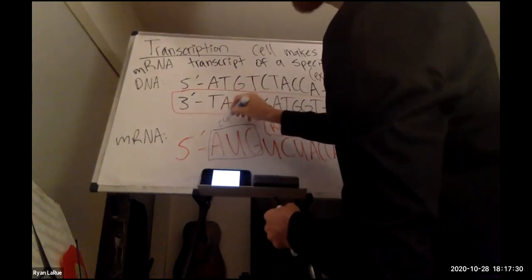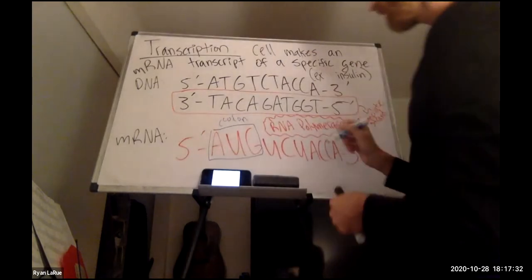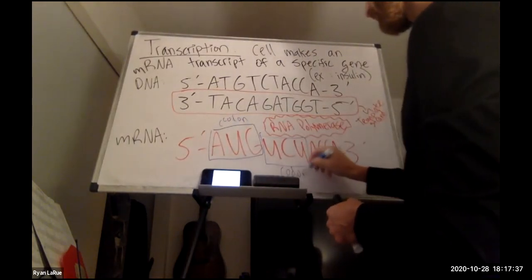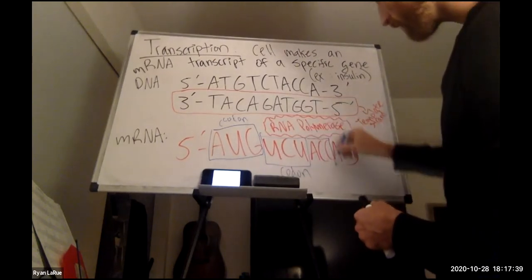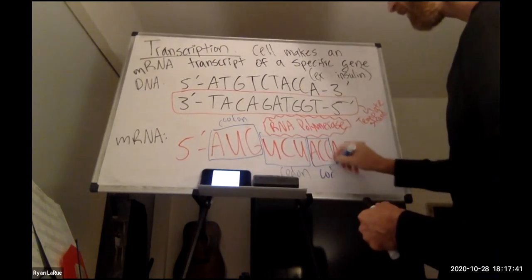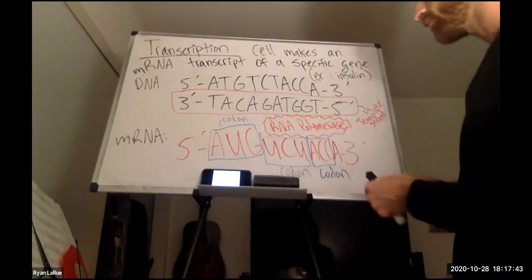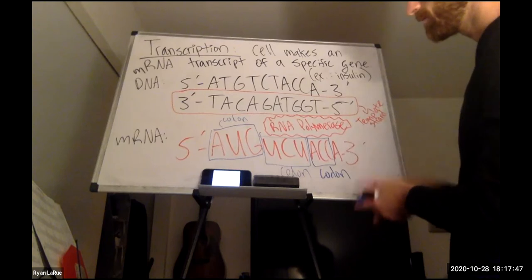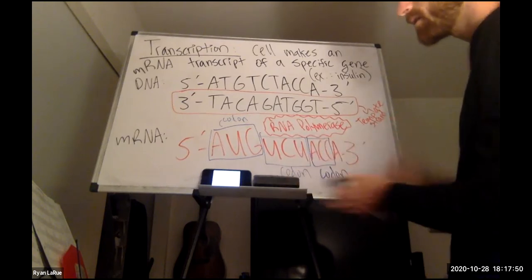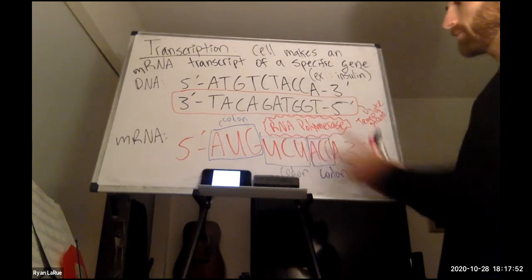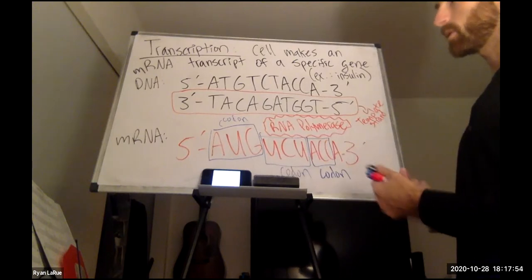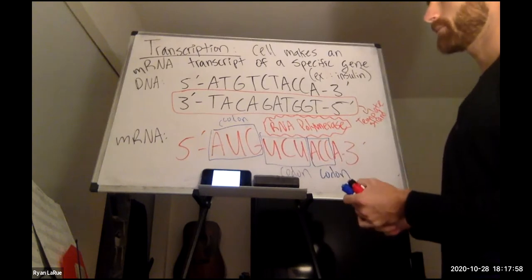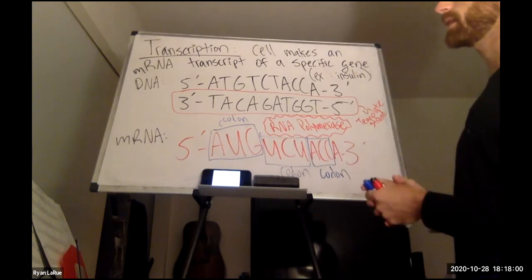So this is one codon. This is another codon. And then this next 3 is another codon. Of course, this would continue on. Usually these are thousands of nucleotides long. Here we have 3 codons shown. So one codon has 3 RNA nucleotides in it. This is going to be important in translation.